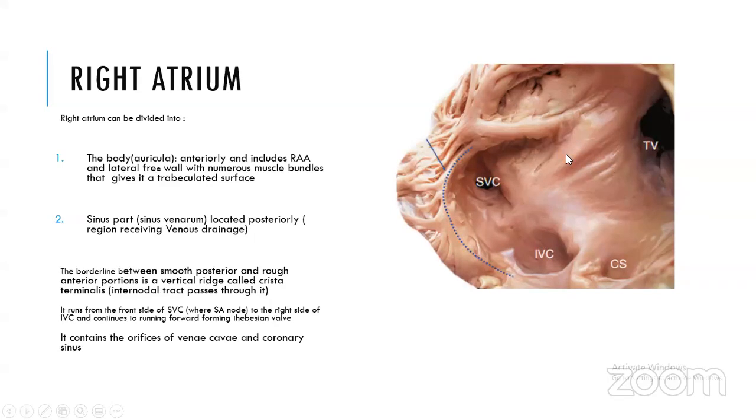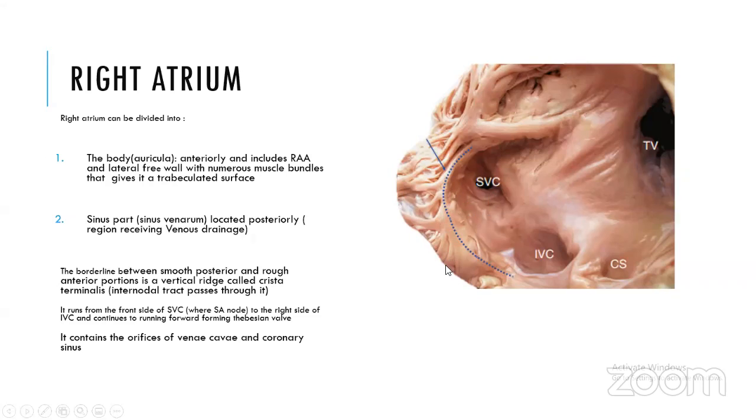The sinus part is where venous drainage takes place, also called sinus venarum. The borderline between the smooth and rough surface of the right atrium is called crista terminalis, where the rough surface terminates to the smooth surface.